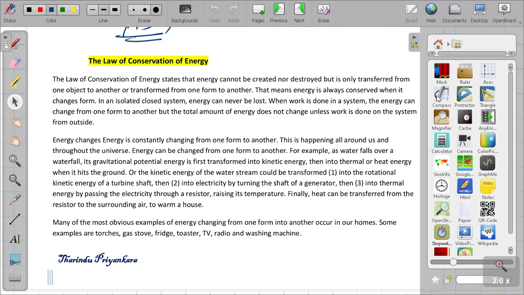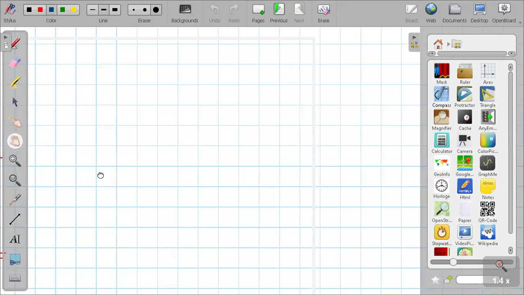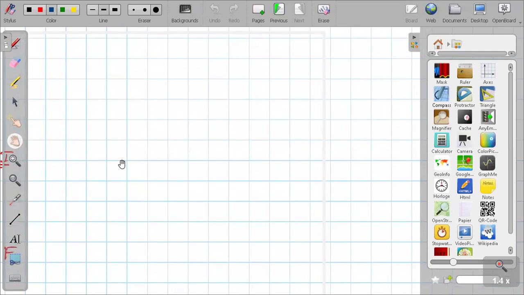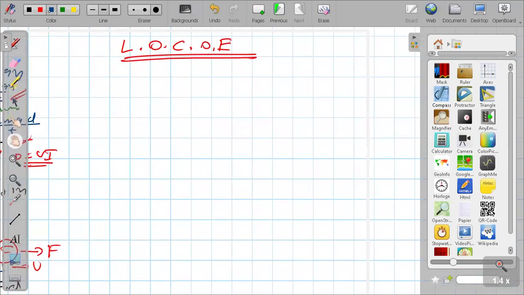Okay, let's start quickly. The most important part in entire physics, the most beautiful part, is the law of conservation of energy. This is the most important part, right? So in this case, I want to explain one thing. Energy cannot be destroyed or created. It can only be converted from one form to another.